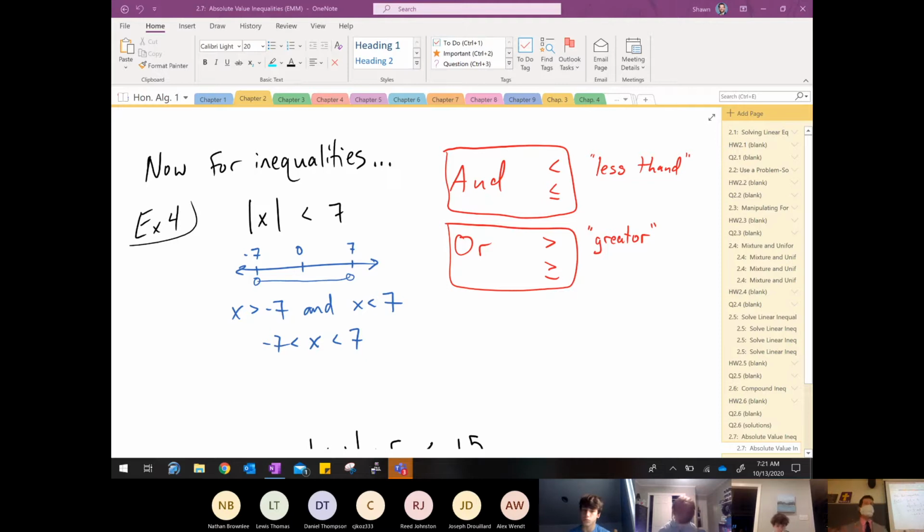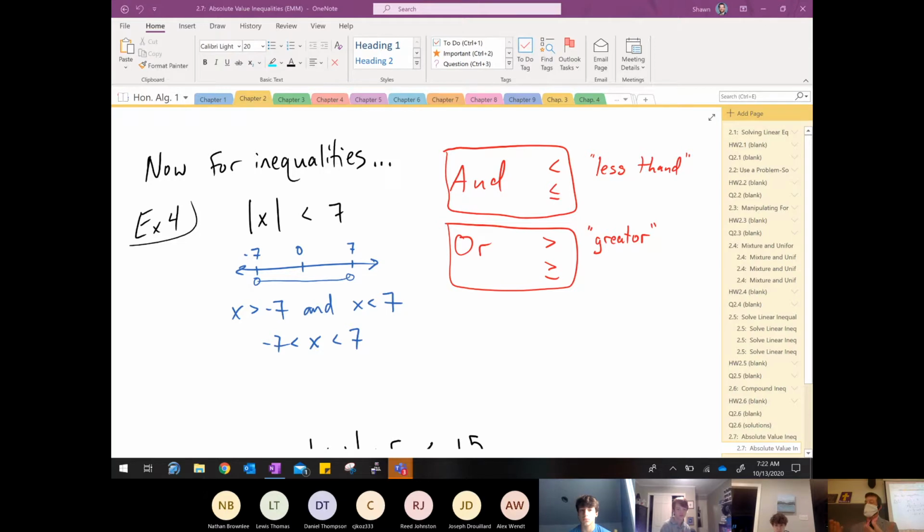And then all of the same rules as far as getting the x by itself apply to the absolute value. So if instead of just absolute value of x, it was something like 5 times the absolute value of x, well, we would want to divide both sides by 5. Or if it was absolute value of x plus 2, we would want to subtract 2 from both sides. So all of those same rules apply as far as isolating the variable.